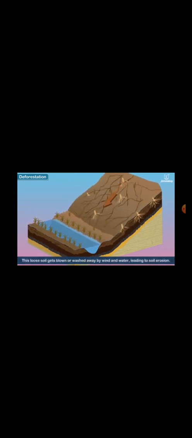The roots of plants hold and bind the topsoil together. When a tree is cleared off, its roots dry up and the topsoil is loosened. This loose soil gets blown or washed away by wind and water, leading to soil erosion.